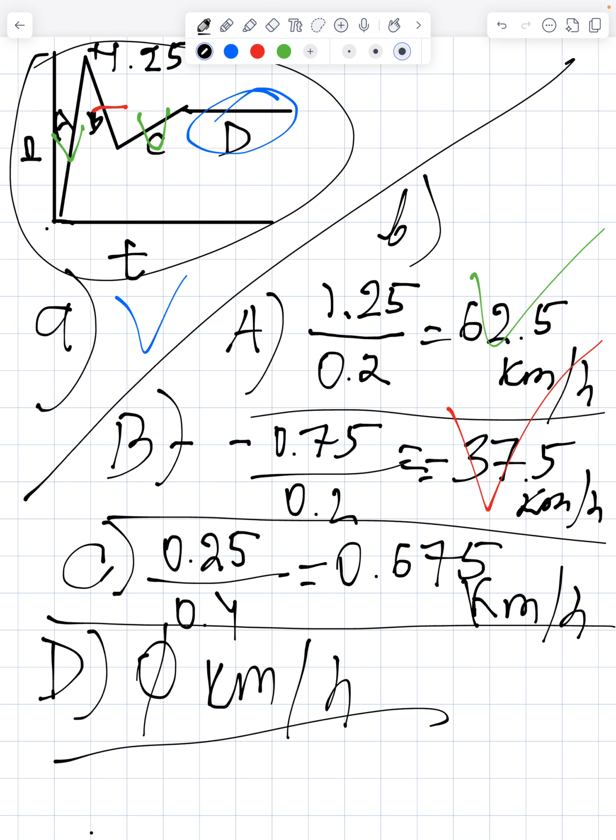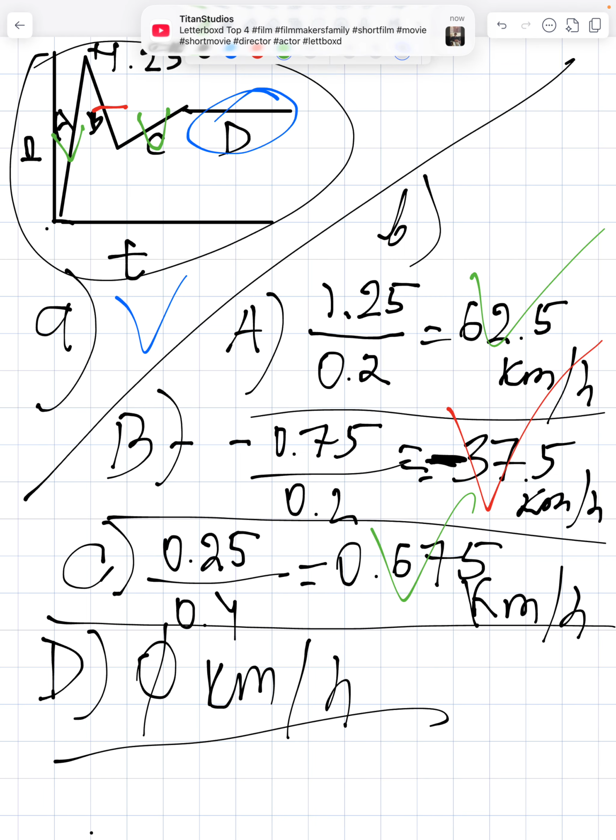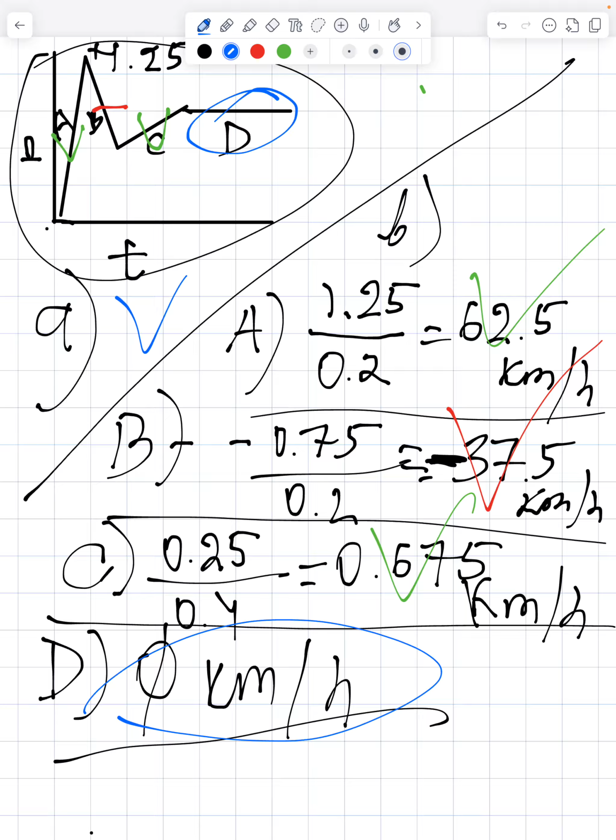Whoops, equals negative. Part C is also positive, and part D is constant, 0. So, yep, that's the solution, guys.